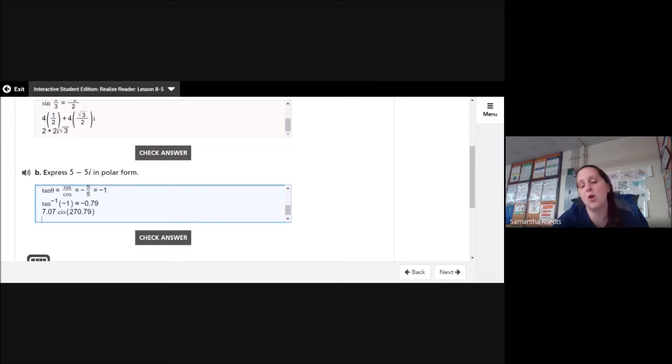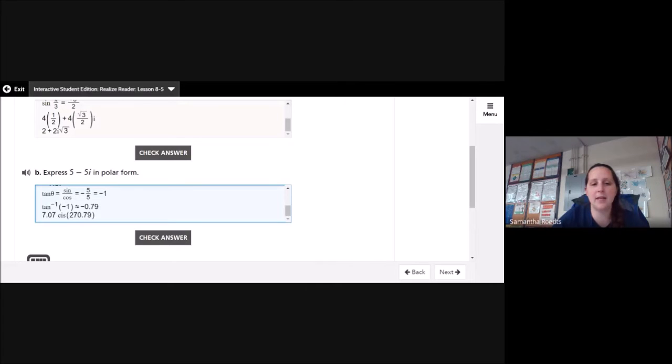I could actually also keep this in terms like pi over 4. So this would be the square root of 25 plus 25, so I could actually just simplify this. The square root of 50 is the square root of 25 times 2, which is the same as 5 times the square root of 2.